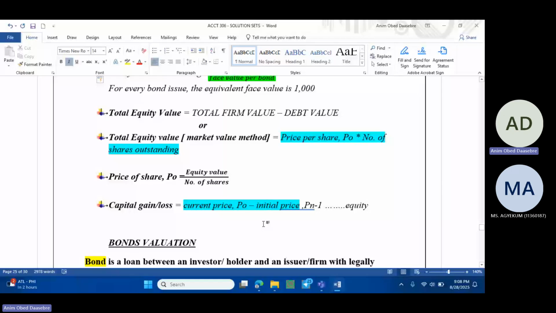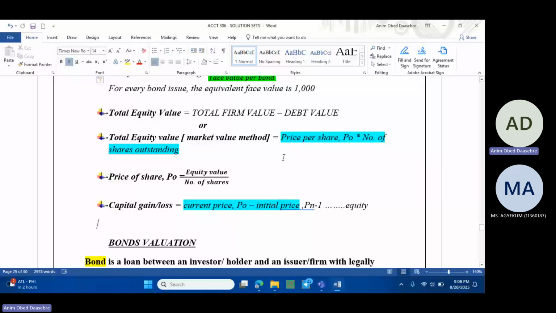So the difference will give you a negative or a positive value. If positive, it will be a capital gain on the shares for every share. And if it is negative, it is a capital loss for every share that will be your issue.